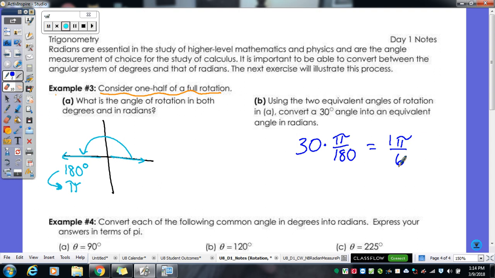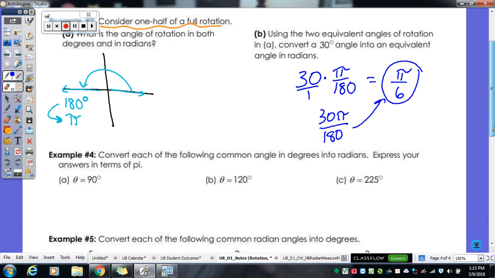Because when I multiply, 30 is the same as 30 over 1, because now I have two fractions I'm multiplying, makes our lives a little easier. 30 times pi is 30 pi. 1 times 180 is 180. Reduces to give you 1 pi over 6, or you could write pi over 6. It's the same thing. So 30 degrees is pi over 6 radians.